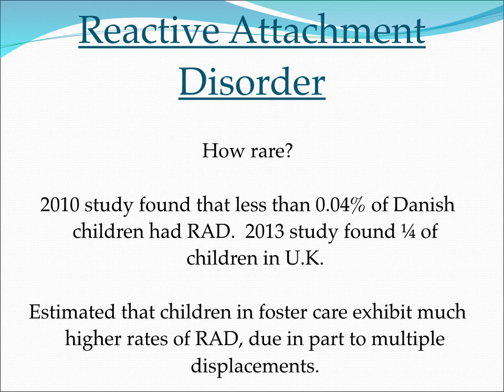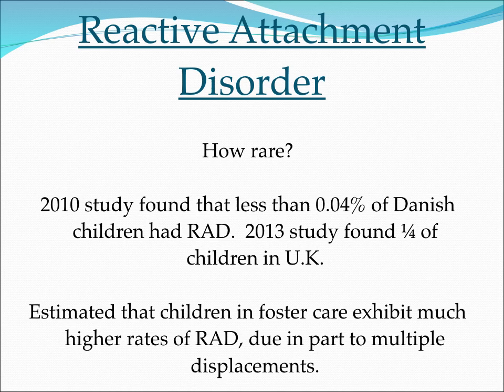When a child in the foster care system goes from home to home to home, from foster parent to foster parent, to residential setting to residential setting, and from one caregiver to another numerous times, it is known as multiple displacement. And we see here again that children who have experienced multiple displacement have a higher rate of reactive attachment disorder.